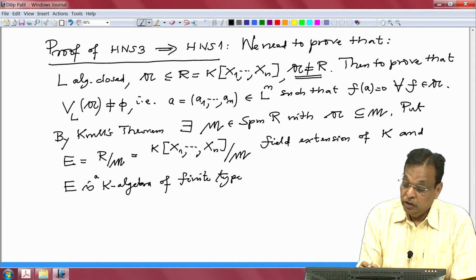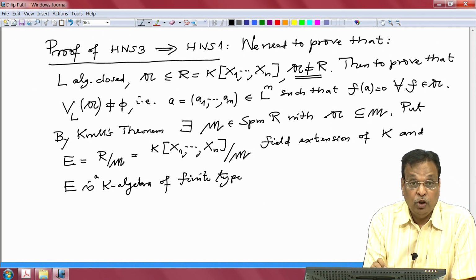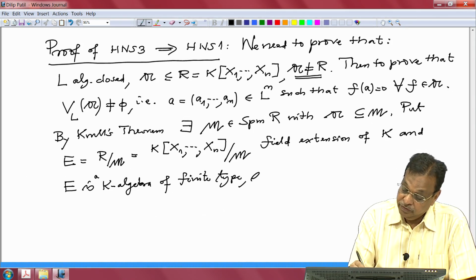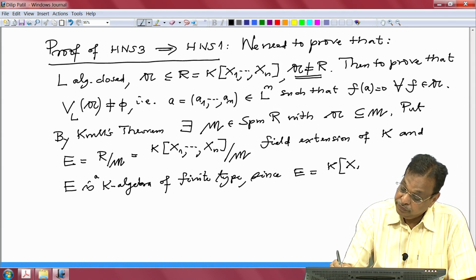That is because this is a residue class algebra of the polynomial ring, and that is precisely what we mean by an algebra of finite type. So, since E equal to K[x1,...,xn] modulo M.